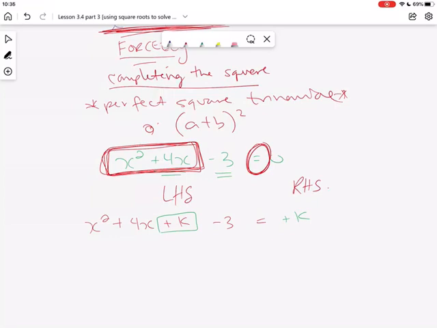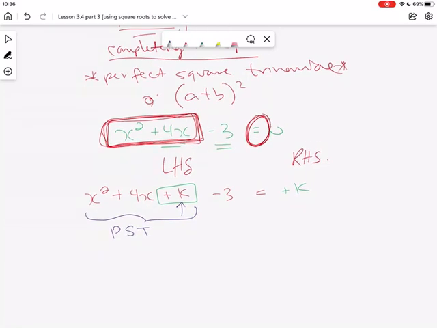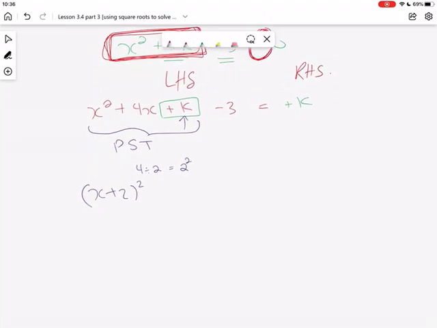So I can take a look at k and ask what value of k would make this expression a perfect square trinomial. And that is going to be 4 divided by 2, which gives me 2. That means I'll have x plus 2 all squared. But remember, that k value comes from squaring 2, which makes it 4.